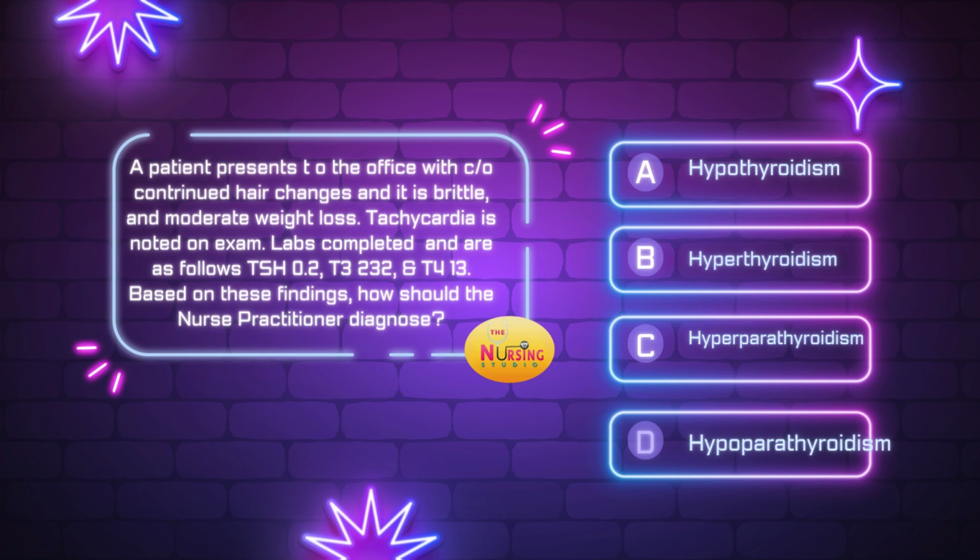They're starting to have weight gain. Their heart rate is slower. So it's the opposite. But when they're looking at these lab values, you need to be able to confirm that differential diagnosis that you are considering based off of their presentation. So the TSH is 0.02. The T3 is 232 and the T4 is 13.